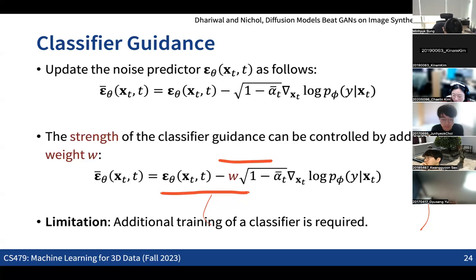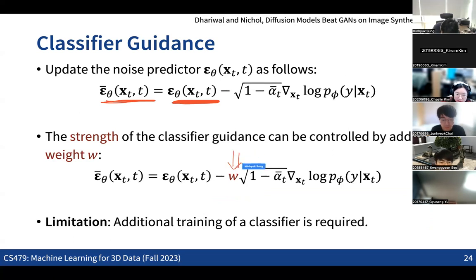So in the reverse process, we are going to use this as the epsilon t instead of the direct output from the noise predictor. And then we can even control the strength of the classifier guidance by multiplying some weight w here.